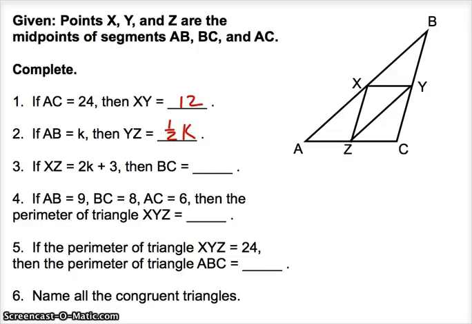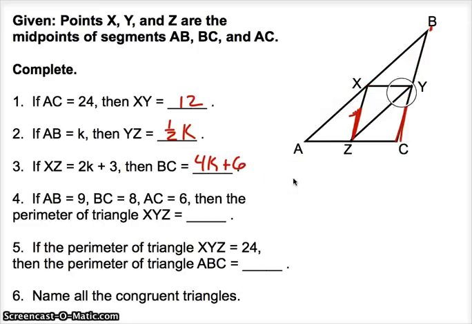Number 3, XZ is going to be 2k plus 3, and we were supposed to figure out what is BC. Well, BC is the opposite side, which should be twice the size of the segment that connects the midpoints. So double 2k plus 3, and we should get 4k plus 6.